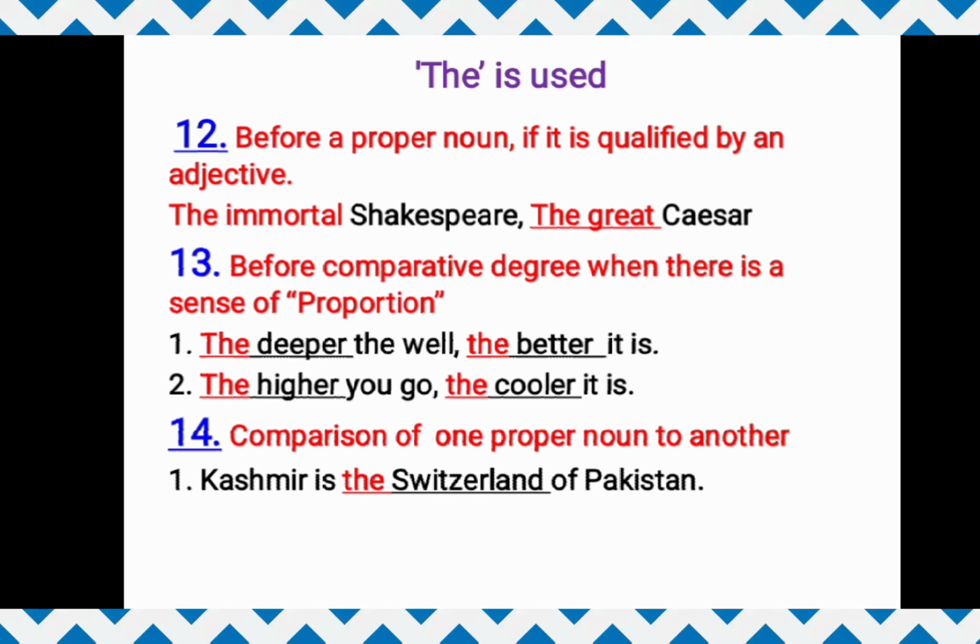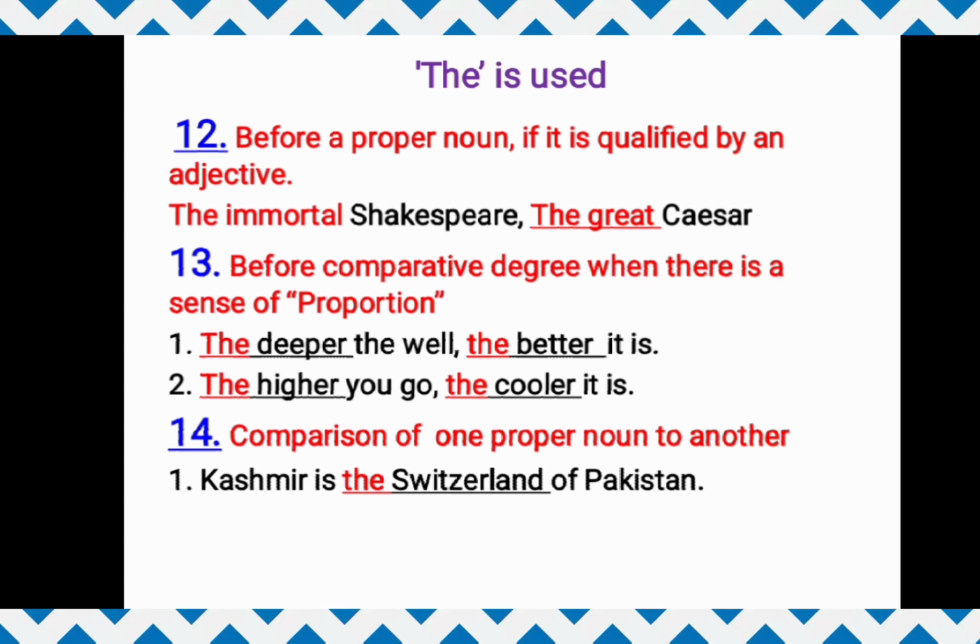Kashmir is a proper noun, and Switzerland is also a proper noun, and the comparison of these two proper nouns, according to our statement, a comparison of one proper noun to another, is a very suitable example. Kashmir is the Switzerland of Pakistan. Kashmir and Switzerland are both proper nouns being compared.